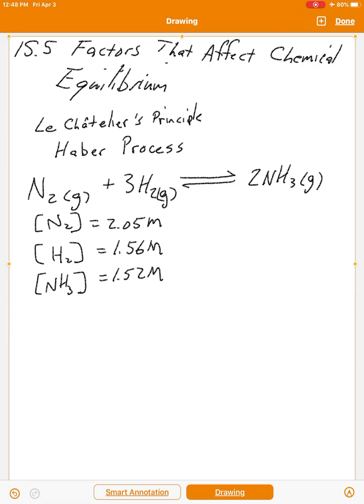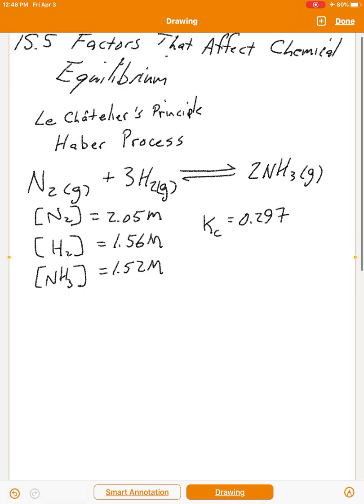Moles per liter, right? And suppose we're told that the value of the equilibrium constant is 0.297. Let's check to make sure that we're actually at equilibrium. Is this a system that's at equilibrium?